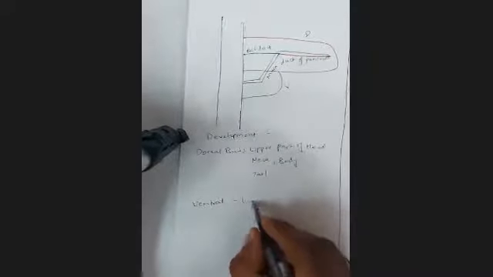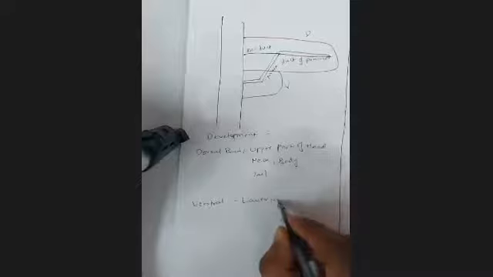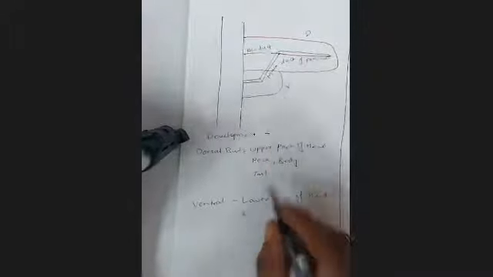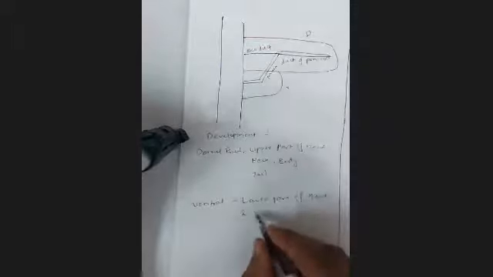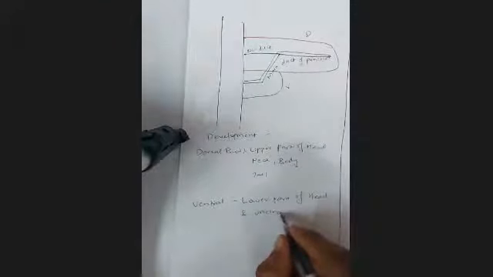From the ventral bud develops the lower part of head and uncinate process.